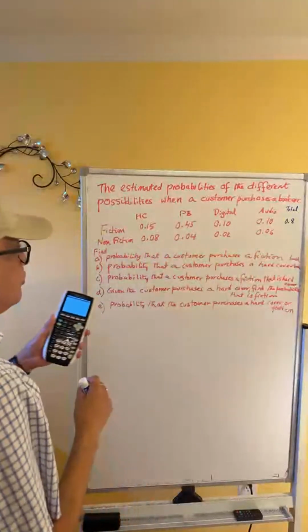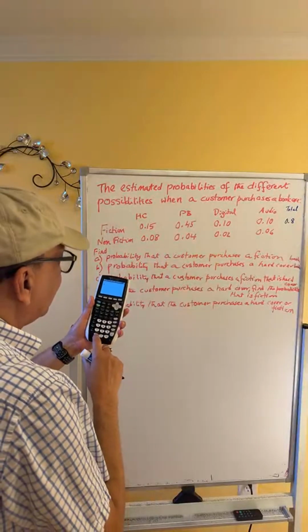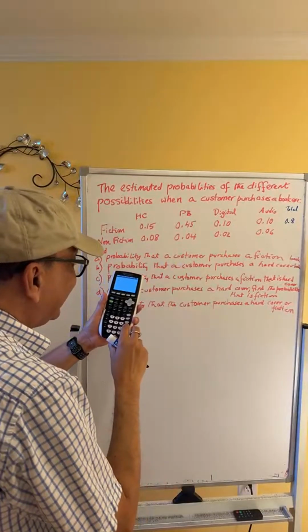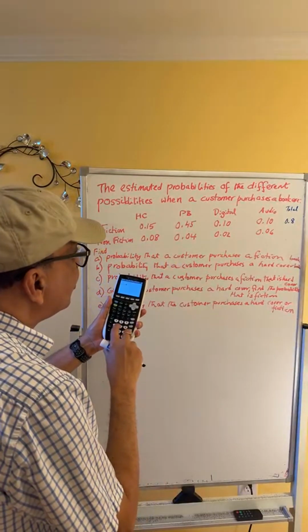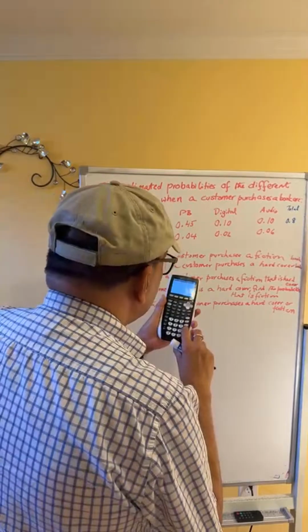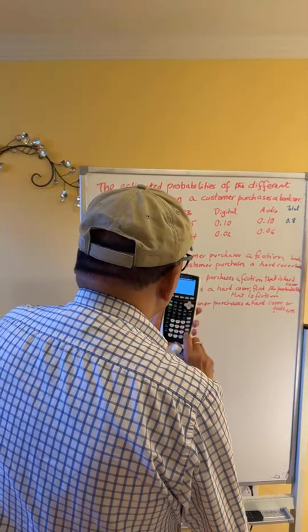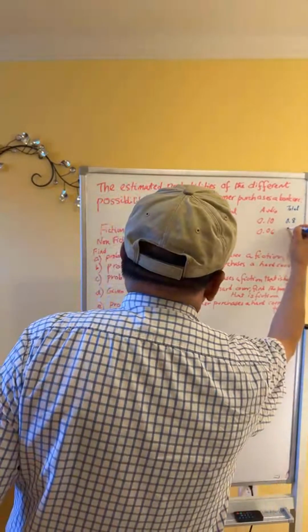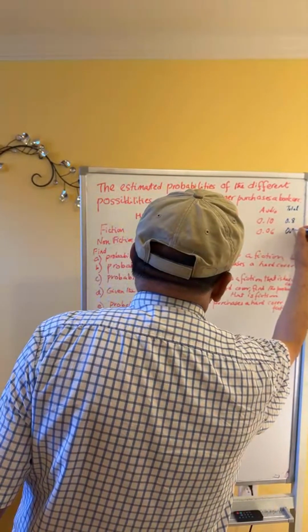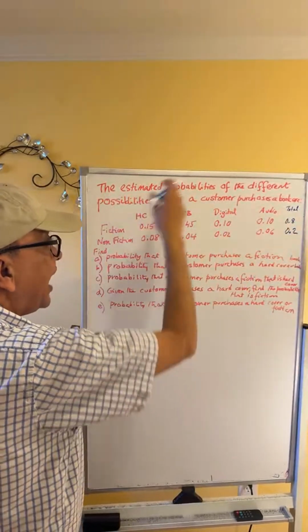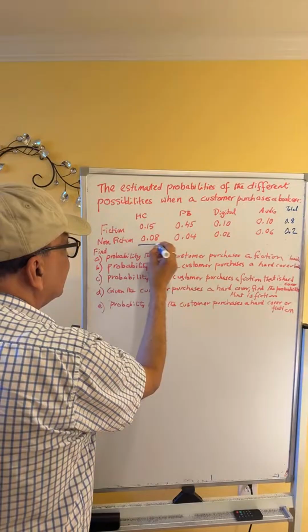I'll do the same for the non-fiction. So it is 0.08, adding the numbers in the second row, plus 0.04, plus 0.02, plus 0.06, and that adds up to 0.2. Since I added the first row and the second row, I will add the columns now. Just total the columns.